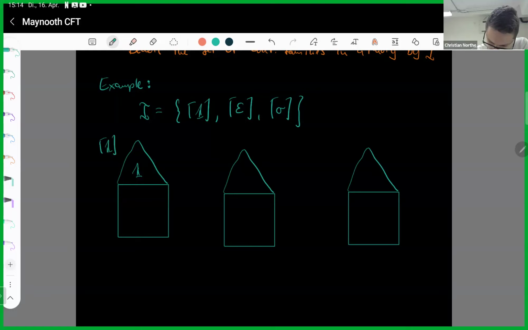So this is the identity family, this is the epsilon family, and this is the spin family. There's always going to be a primary on top. And what we can do is we can act with L minus 1, with L minus 1 squared, L minus 2, and so on, right? So we can act and sort of generate a Verma module. We can generate the representation.